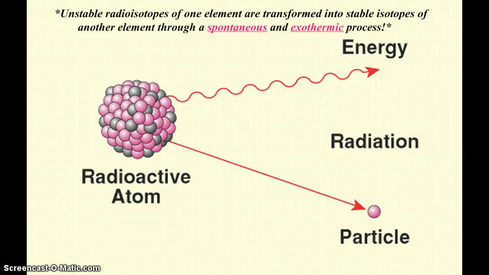You can actually feel some warmth from certain radioactive materials. And spontaneously, this happens all on its own. We don't have to do anything to radioactive atoms to get them to emit radiation. It happens on their own. It happens at a predictable rate, but not every atom is very predictable with when it's going to emit radiation and try to become stable.